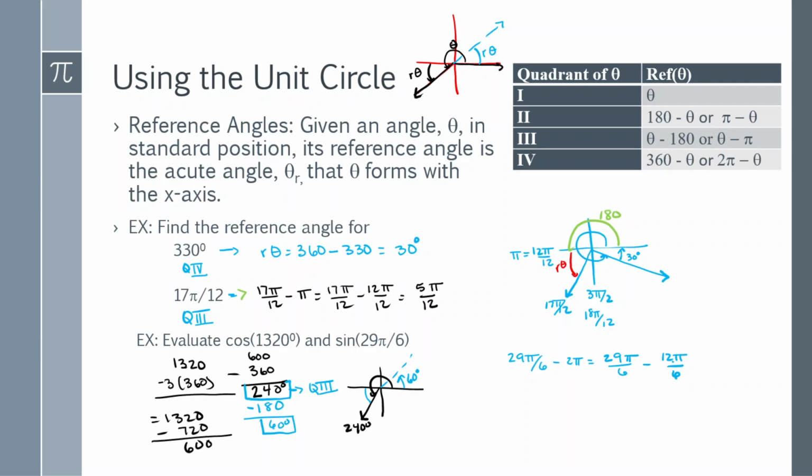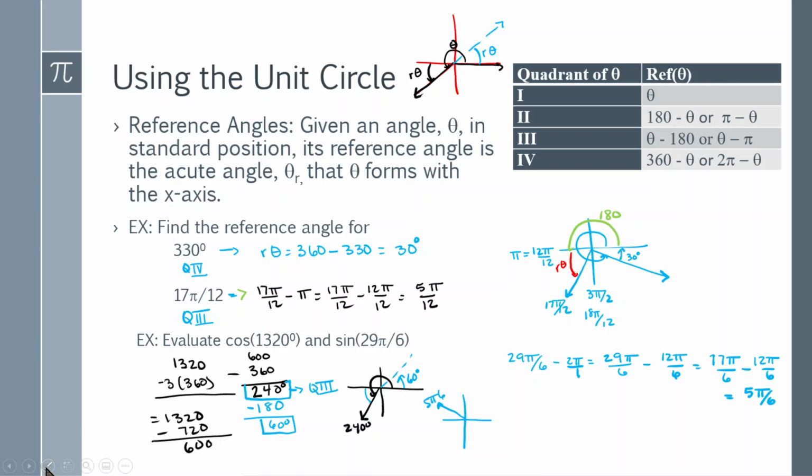Okay, to subtract fractions, we have to have a common denominator, and that originally was 2 pi over 1. Okay, so this will get me 17 pi 6ths. So I can do that one more time. And I get down to 5 pi 6ths. Okay, now 5 pi 6ths is over here.